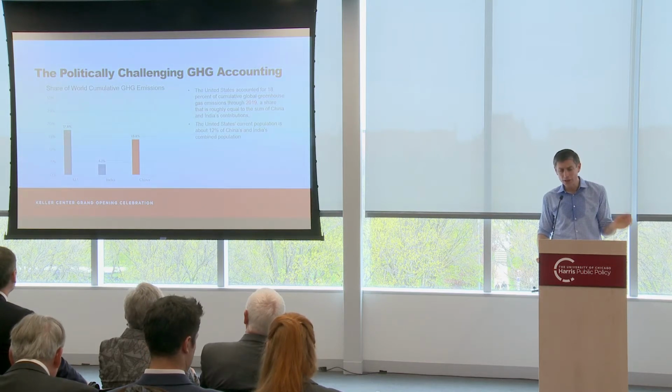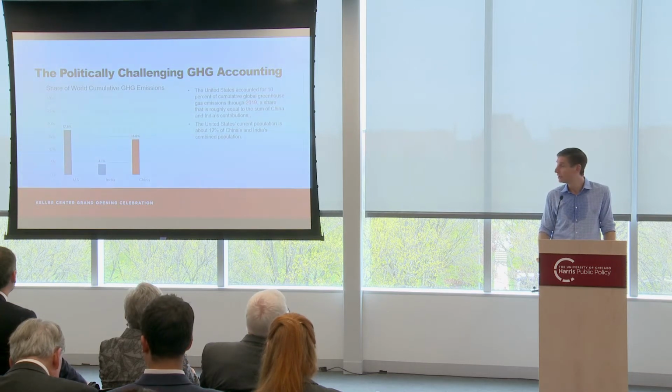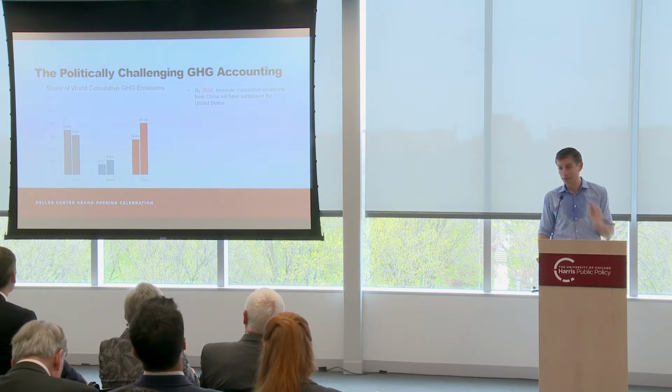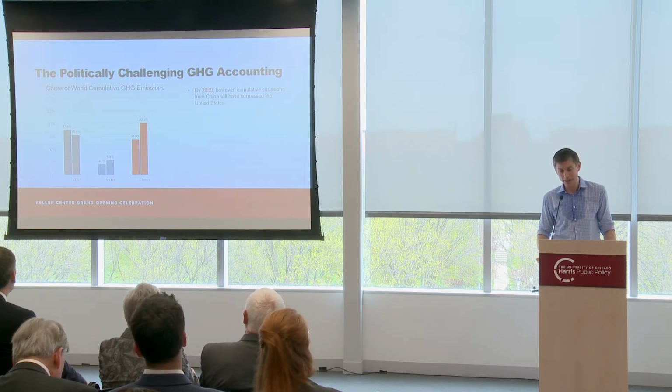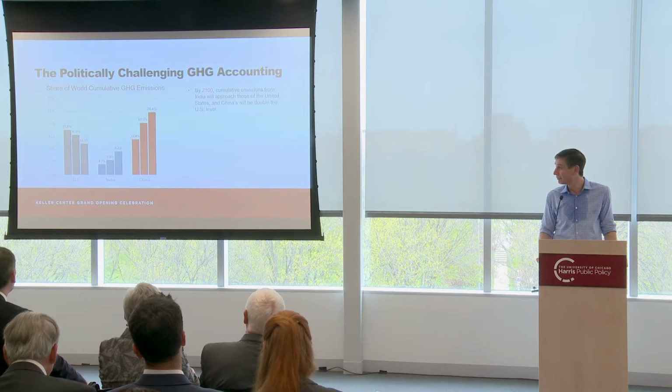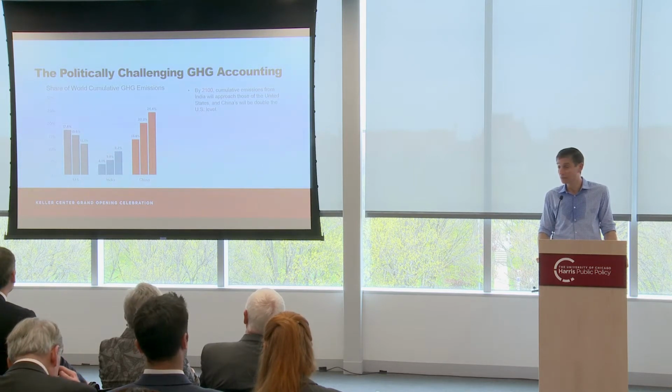But when you take those projections of what people think will happen, and you go out to 2050, you can see that the math starts to change. So China is projected to be the biggest emitter. They're already the biggest emitter on an annual basis, but the biggest emitter cumulatively by the middle of the century. You see big increase for India, and by the end of the century, things are really changing.